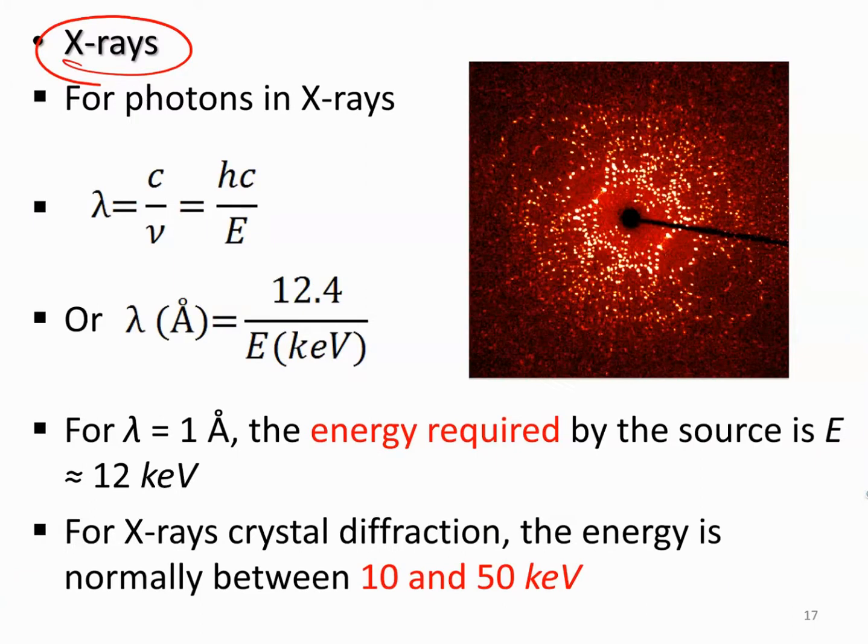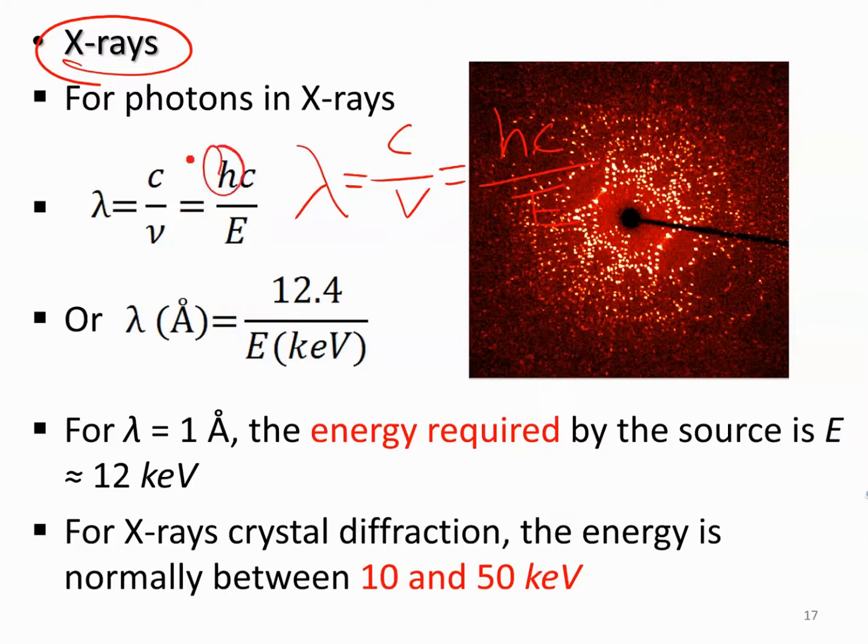For photon in X-ray, we can get the wavelength of the X-ray by using this equation. We know that lambda equals c over nu equals hc over E, right?